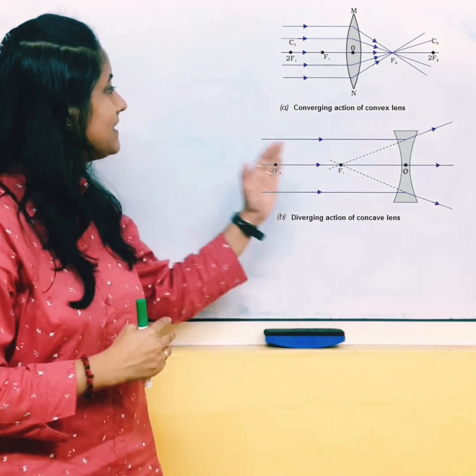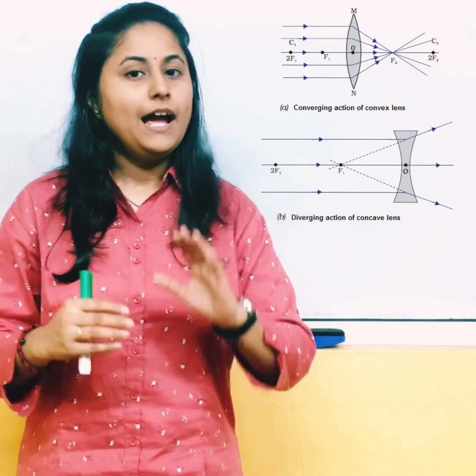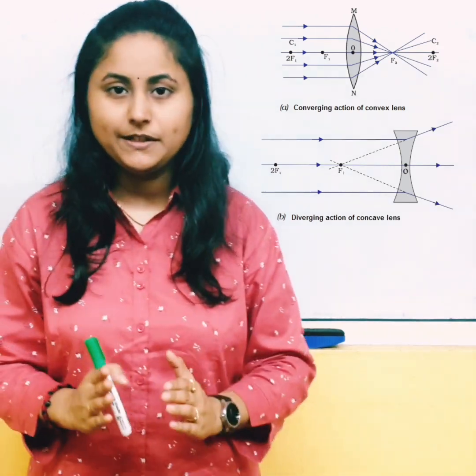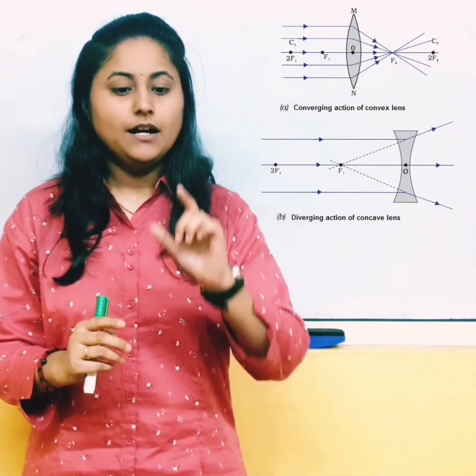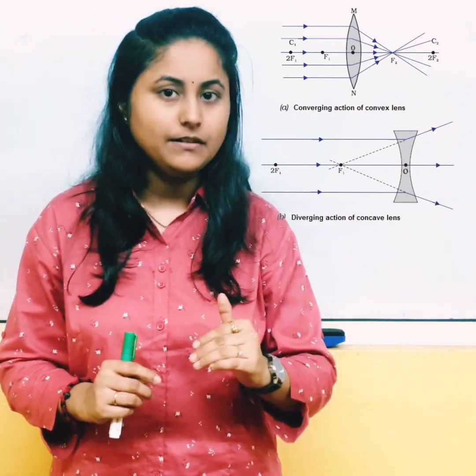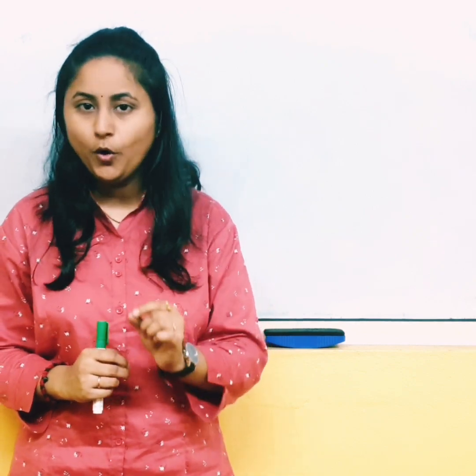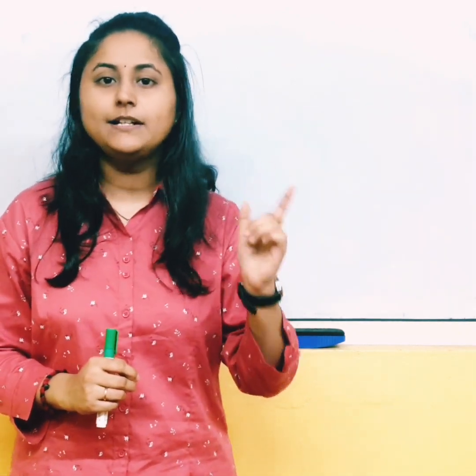These are the distinguishing points between the two lenses. One more thing you need to note here: in case of a mirror, the center point on the surface of the spherical mirror is known as the pole, and in case of a lens, the center point is known as the optical center. It is denoted by O here, and in case of a mirror it is denoted by P.